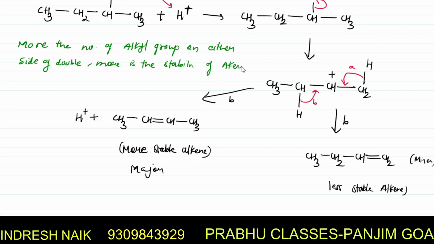Remember this. This is the rule. So this alkene is more stable. Why? Because there are two alkyl groups on this, and here there is one alkyl group. That's why this is less stable.